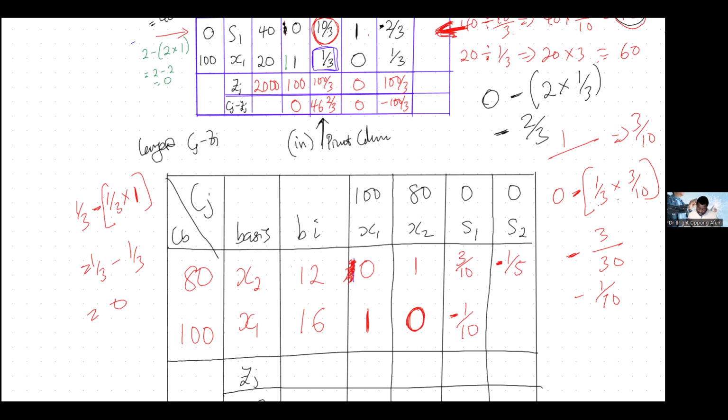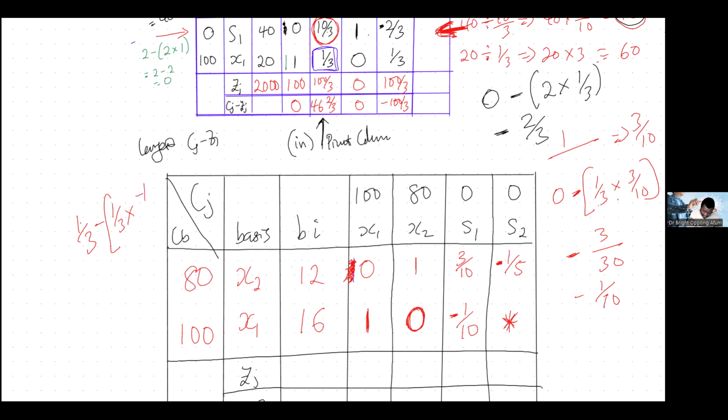Right? Then for this particular value here, the old number is what? 1 on 3. So let's delete this and get space here. It's 1 on 3 minus, in brackets, 1 on 3 times the new number, negative 1 on 5.